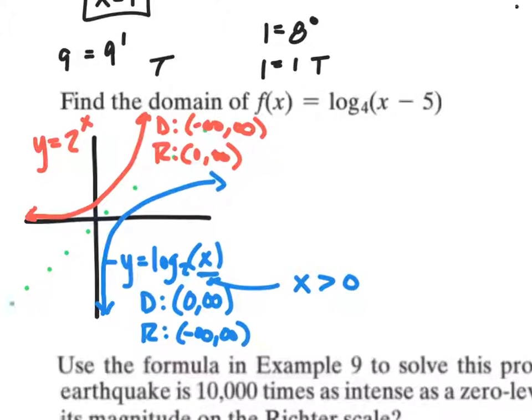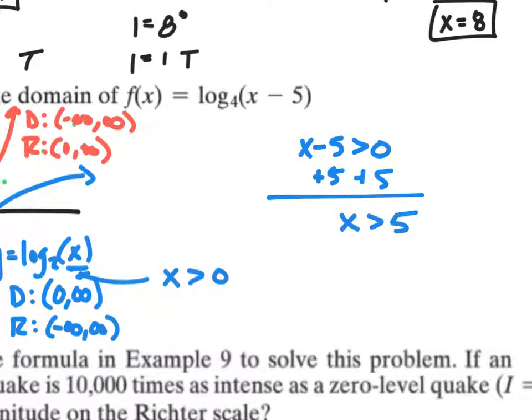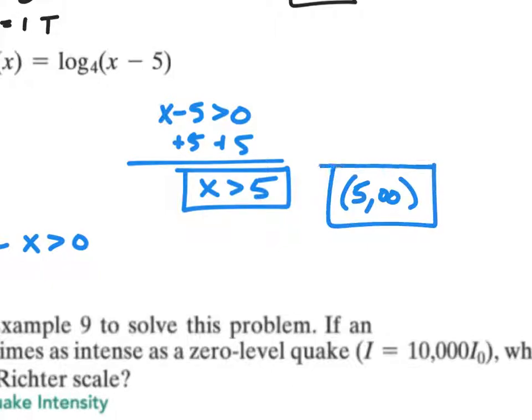So to find the domain of this function, all I want to do is take x minus 5, what's inside my log, and set that greater than 0. I add 5 to both sides, and I get that x is greater than 5. And that's it. That's my answer in set builder notation. In interval notation, I would go from 5 to positive infinity. And that's how we do those.